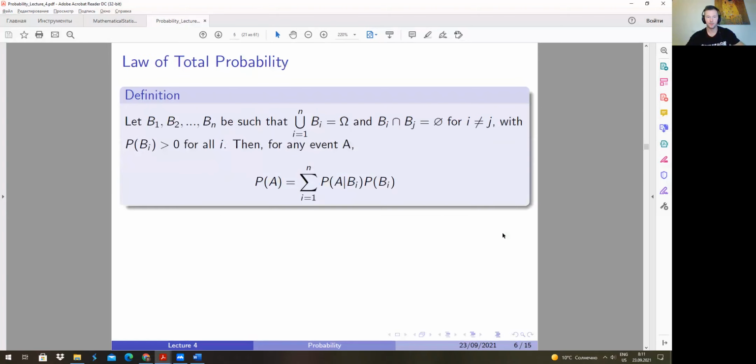So let's move. Now we have something called the law of total probability. This might seem a bit complex, but once again, the logic is very clear. Let's say we have n events denoted as B, and the union of these events B is the whole sample space.